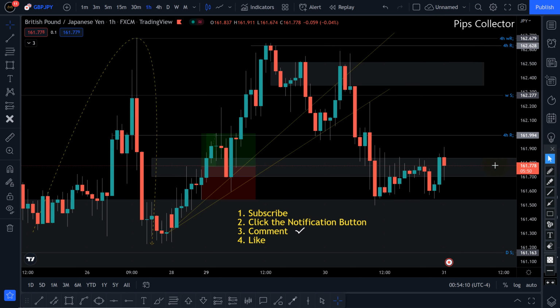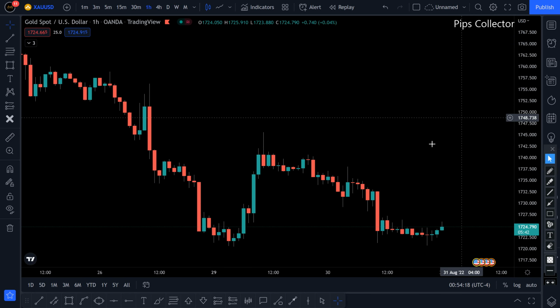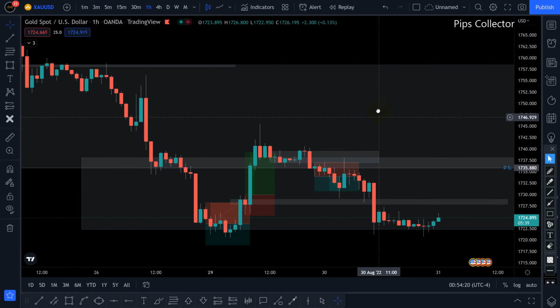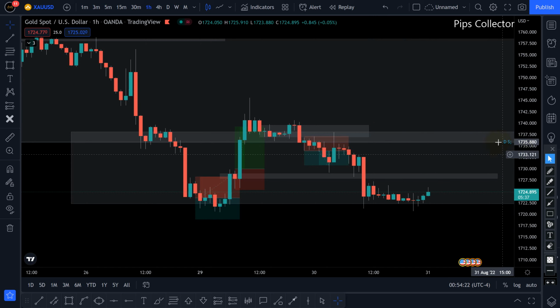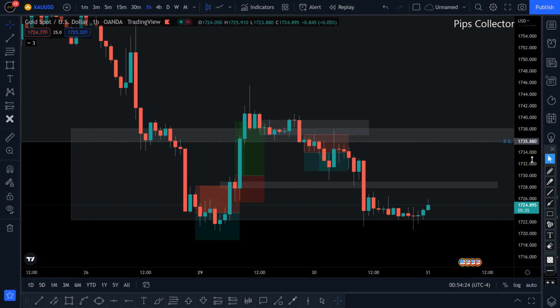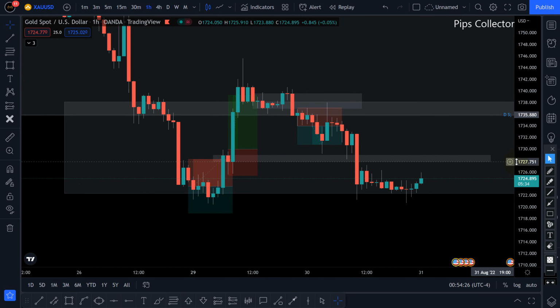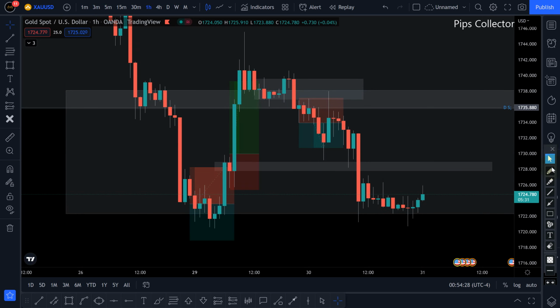Okay, the next thing on my watch list is gold. Gold has been acting in a very spectacular way, in the sense that it gives at least three setups, or let's say two in most cases.